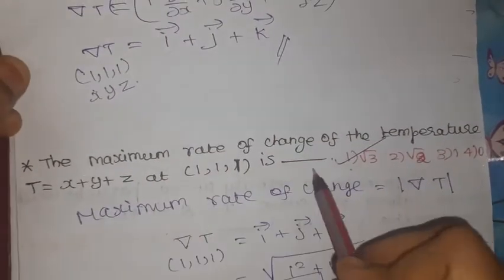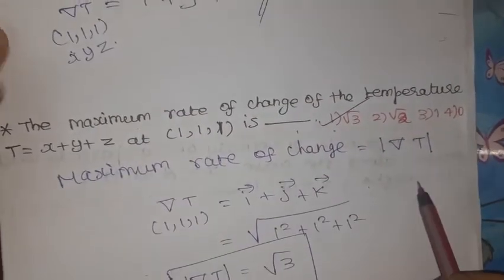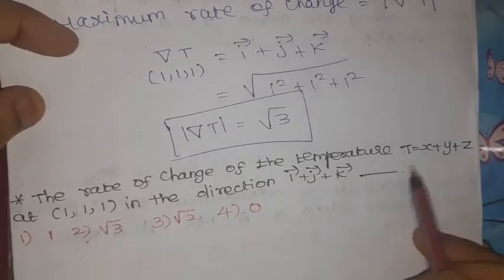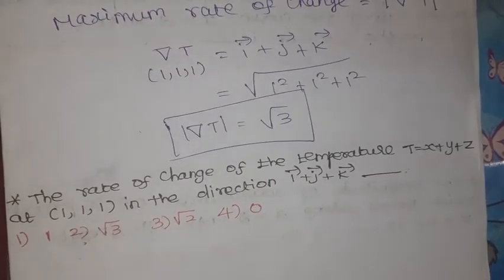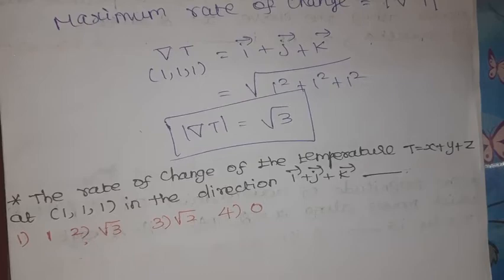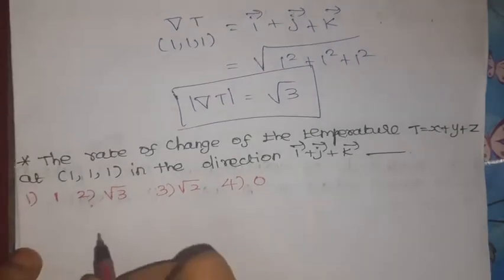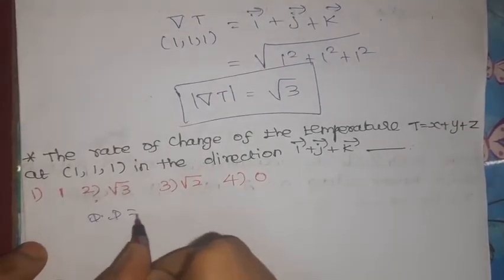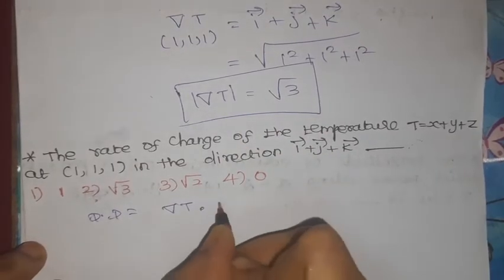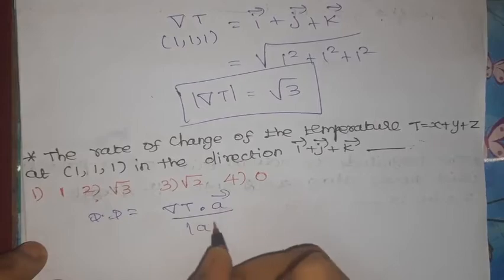The maximum rate of change means the magnitude of that one. Here, for the rate of change in the given direction, what do we have to find? It is the directional derivative formula: del T dot A vector divided by modulus A vector. Very simple.